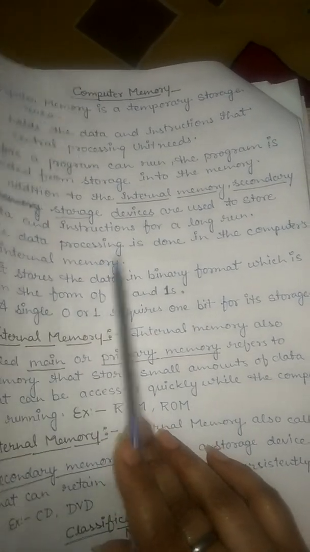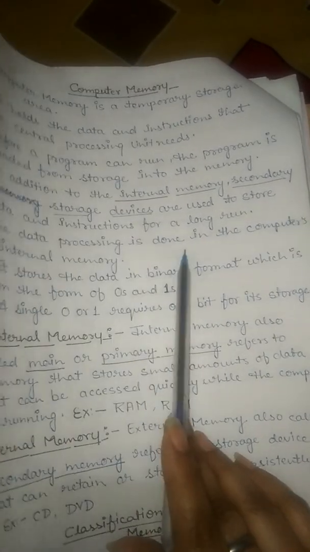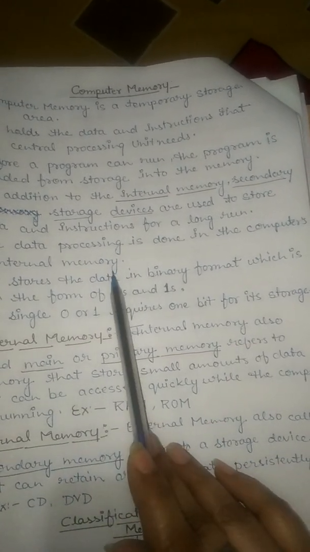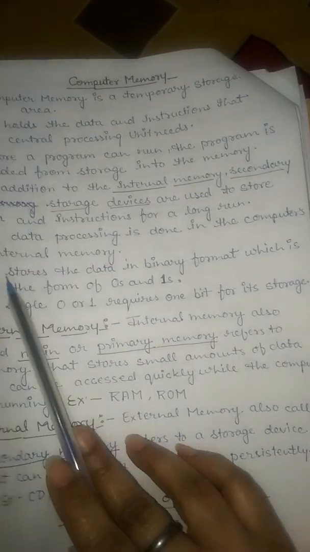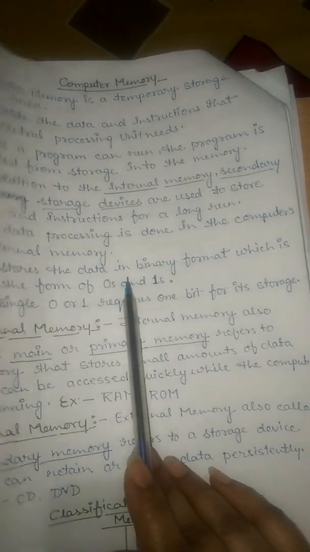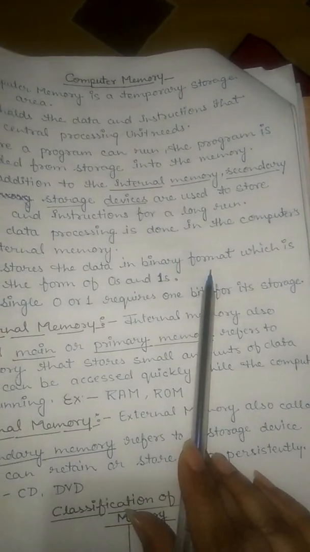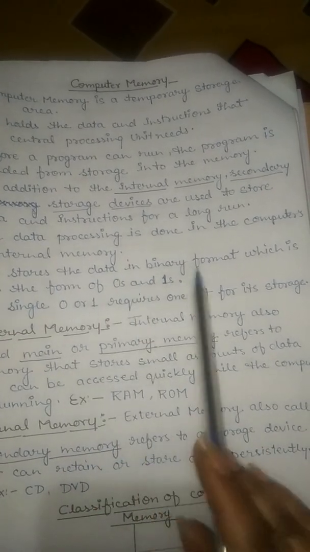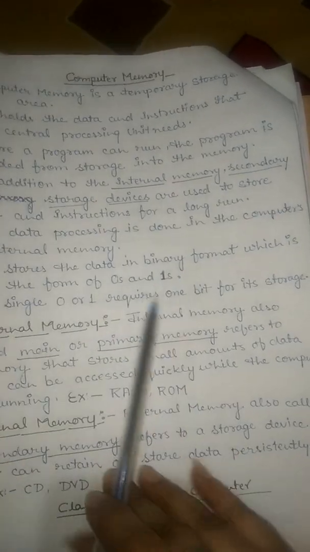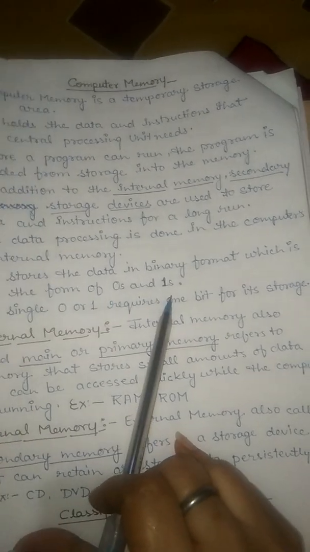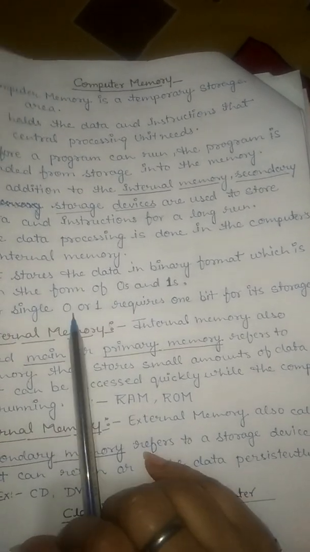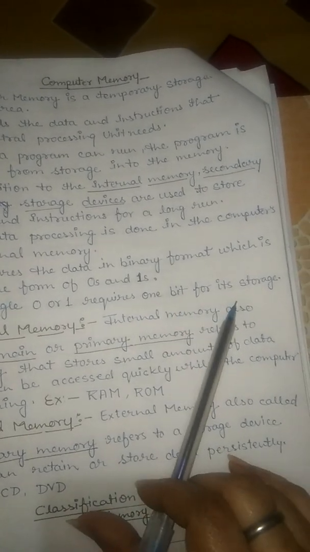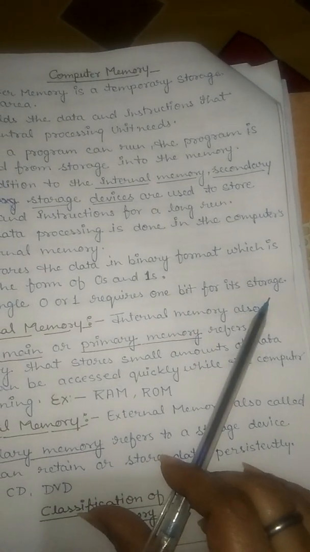After data processing, the data is stored. It stores the data in binary format. Which format stores the data? Binary form, like 0 and 1. A single 0 or 1 requires 1 bit for its storage.